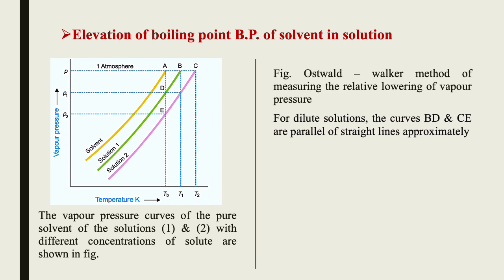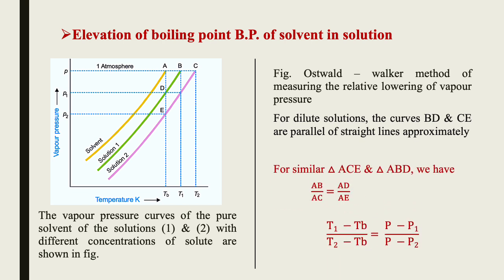This figure is called the Ostwald-Walker method for measuring the relative lowering of vapor pressure. For dilute solutions, the curves BD and CE are approximately parallel straight lines. So you get similar triangles: triangle ACE is similar to triangle ABD.